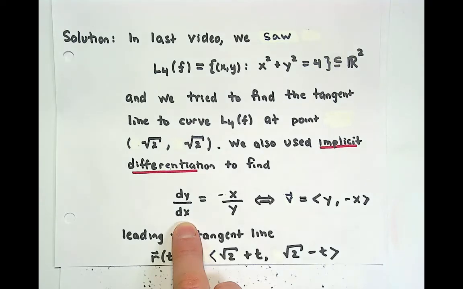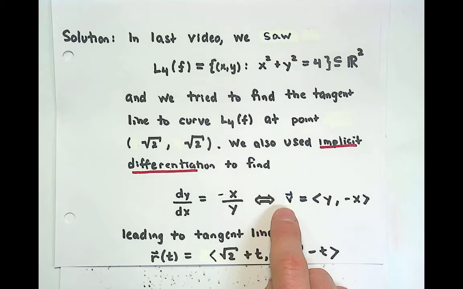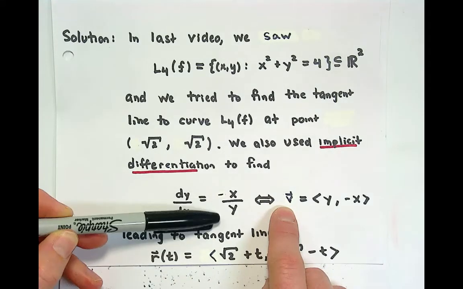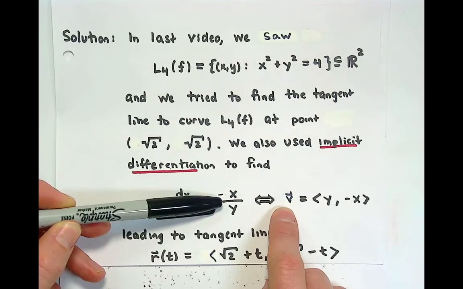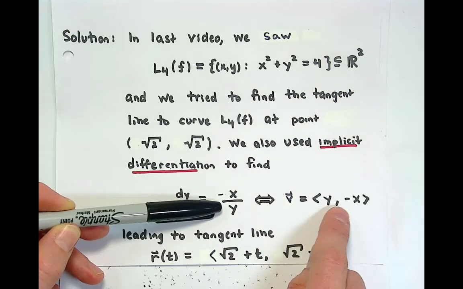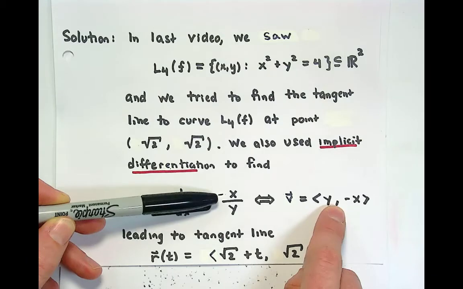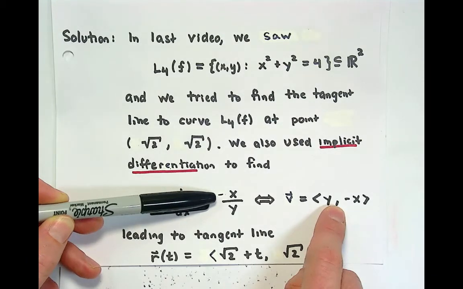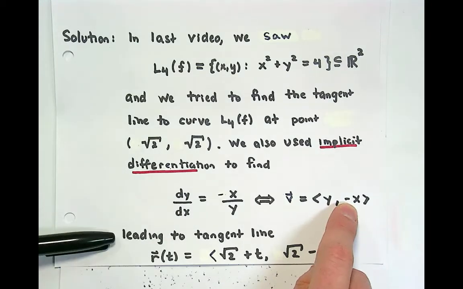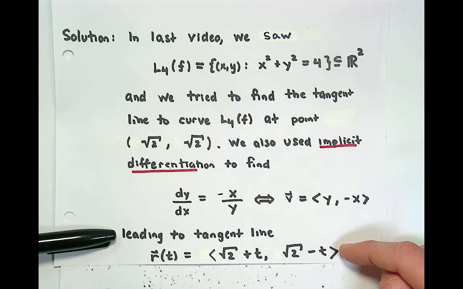We can combine this with Math 1c to recognize that such a line would be in the direction rise divided by run. Well, the x coordinate of the direction vector would be the run, so it must be the y coordinate of the point. And then the rise would be the amount that you go up or down, and that must be in the y component of the direction vector. This led to a parametric equation for that line given by r of t here.